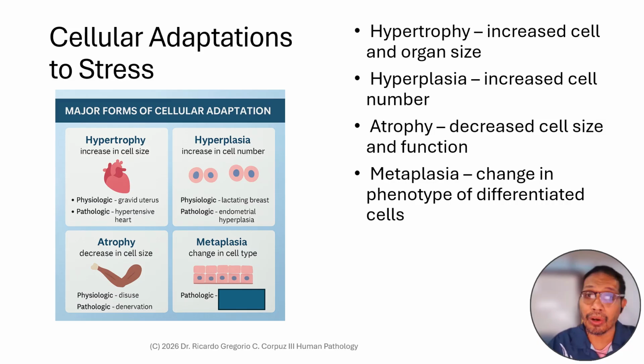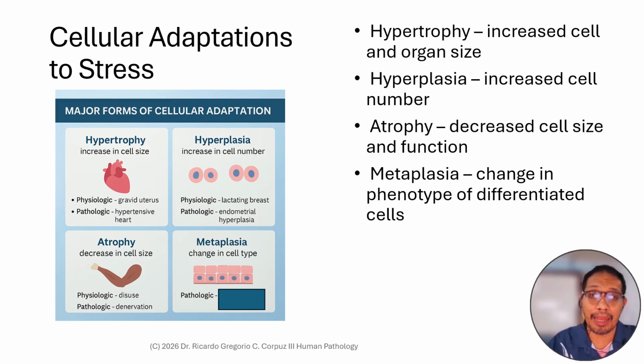It reflects a coordinated regulation of cellular metabolism. Finally, the last one is metaplasia, a reversible change in which one differentiated cell is replaced by another, better suited to withstand particular stress.